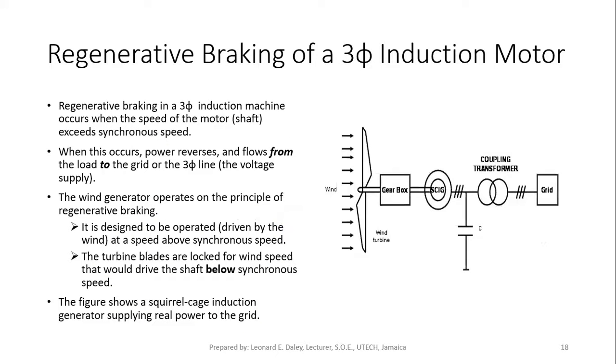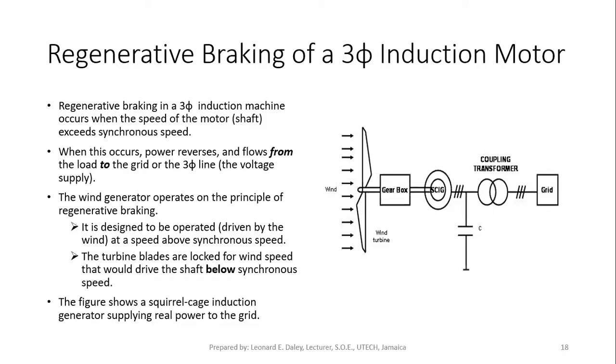All right, so let us look at regenerative braking. And we're going to look at it in the three-phase induction motor. It can also take place in the DC shunt motor, DC motors generally.